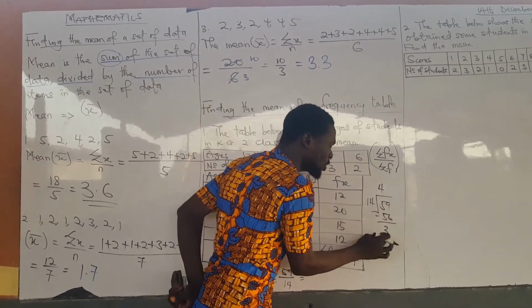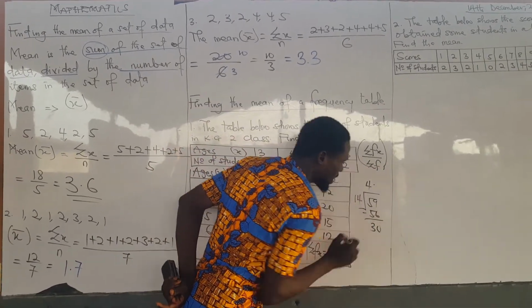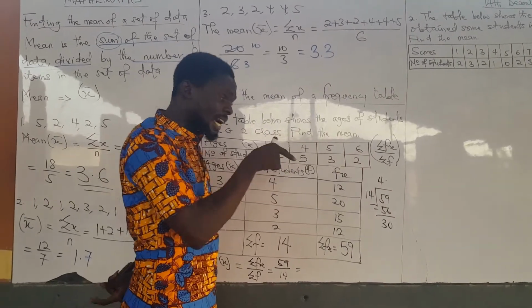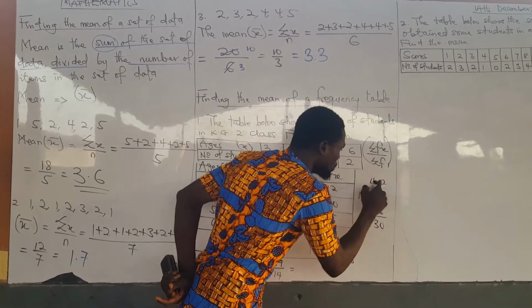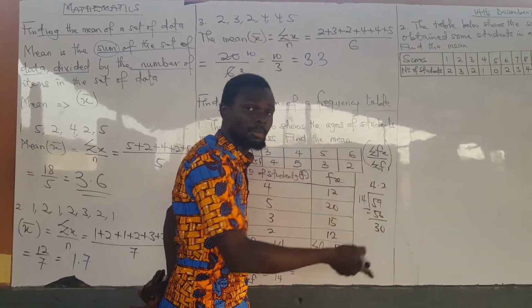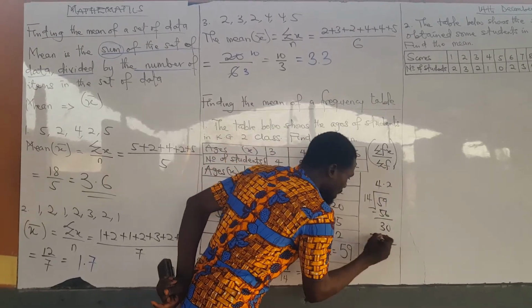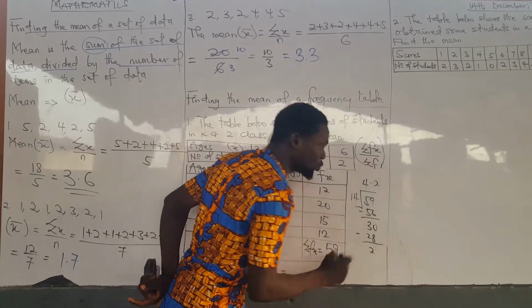Because 14 cannot divide 3, we bring a point here, we have our 0 here. And now we can say that 14 can go into 30 2 times. So 2 here, 2 times 14 is 28. If we take 28 away from 30, we have 2.